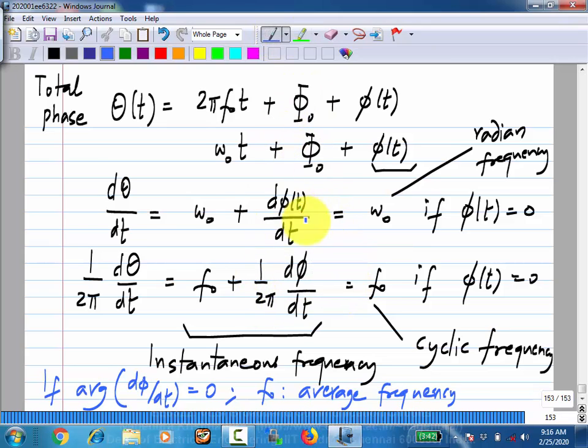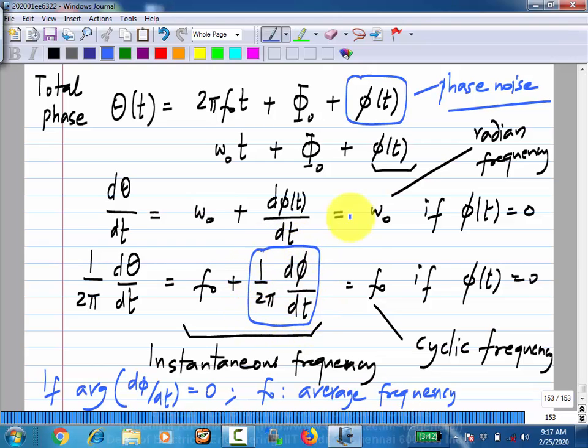So any of these measures could be used to represent the aperiodicity of the signal, because if you have one, you will get the other. For instance, this we have already considered, right? This is the phase noise, essentially. And analogously, this will be the frequency noise or the frequency deviation.